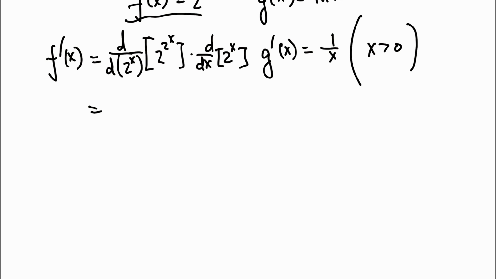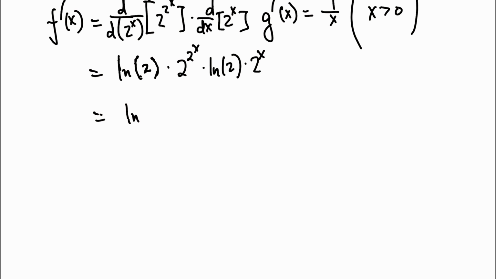And this would simply give us ln of 2 as a multiplier, so ln of 2 times this 2 to the x, which doesn't change, and this part also ln of 2 times 2 to the x. Obviously we can combine that as ln of 2.